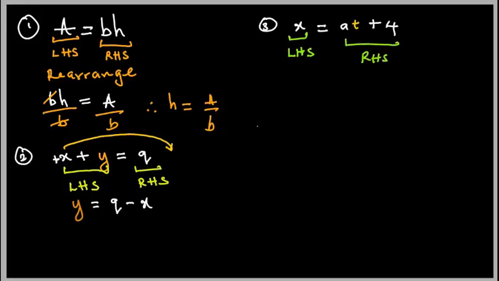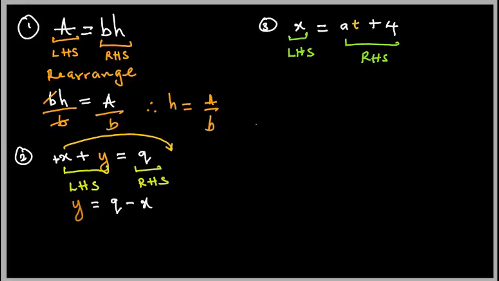So we have to make T the subject, and as we know, anything that is the subject should be on the left. It's not compulsory, it's a choice. But for learning's sake, put the subject on the left hand side.